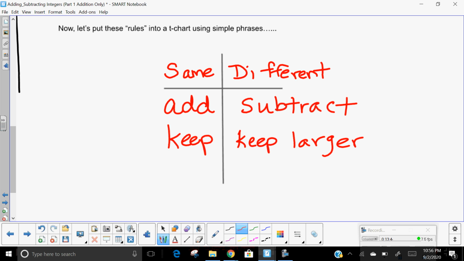And that's it. That's all you have to remember in this T-chart. So we have same sign, add, different sign, subtract, same sign, keep the sign, different, keep the larger.